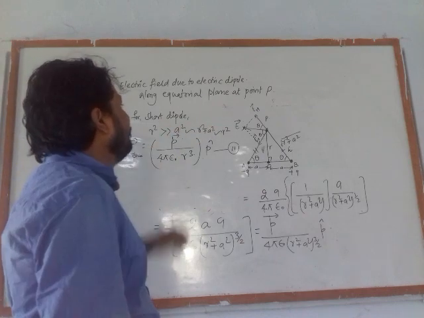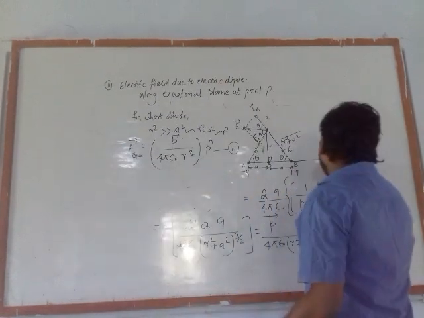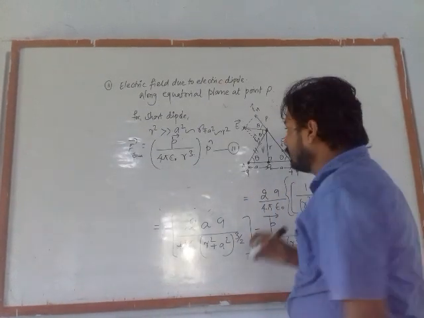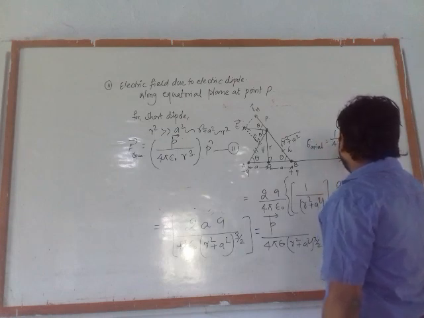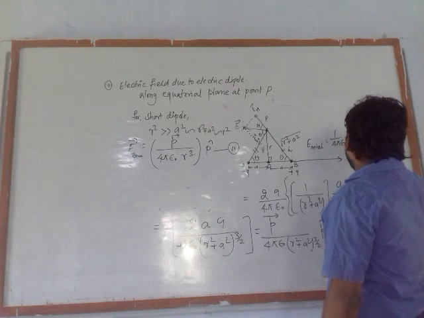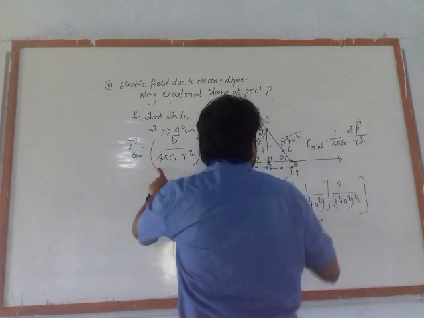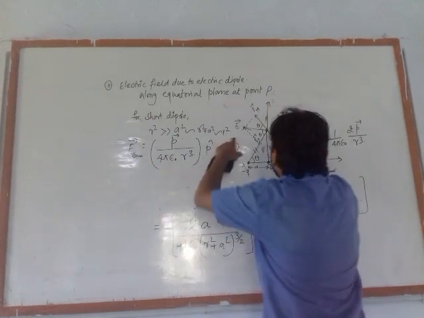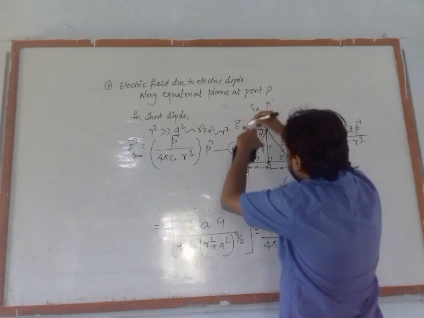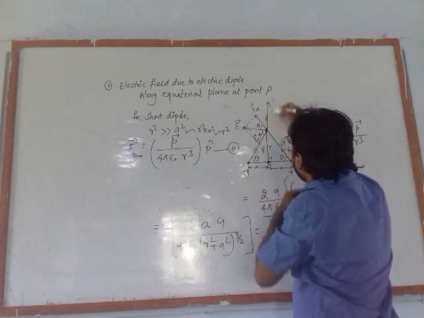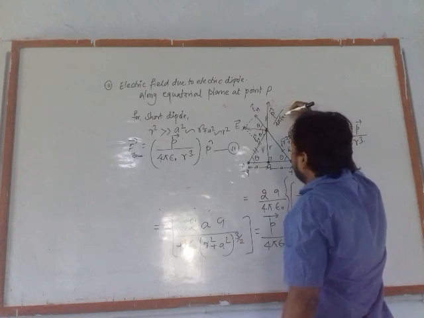This point P will be the given point. Here you can see that along this direction the result is E axial, which is 1 by 4 pi epsilon naught times 2p vector by r cube, right? And in the equatorial case, the resultant E is acting making some angle theta, and the final result at point P is p by 4 pi epsilon naught r cube.